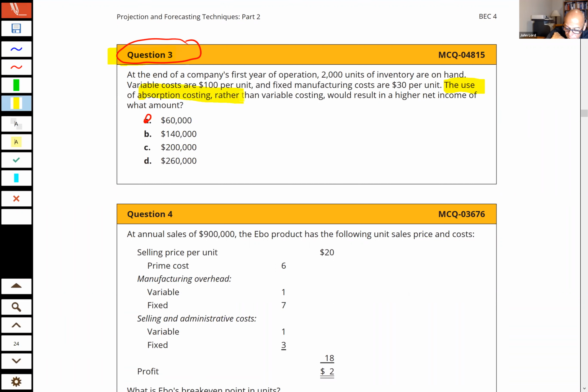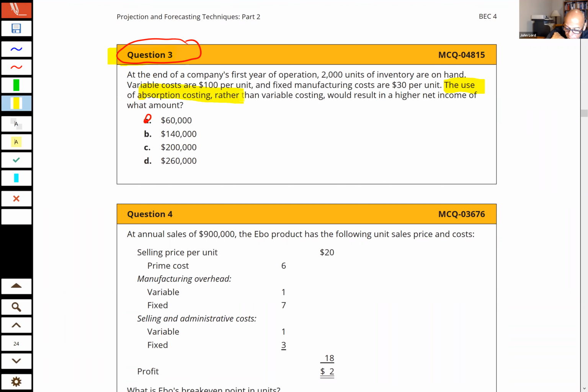In other words, they started with zero inventory as you start a year, right? When you start your business and then you end up with 2,000 units, your inventory increased. Now they give us the variable cost here, but the difference between the two is the treatment of the fixed manufacturing overhead per unit, right? So that's all we have to pick up. We pick up that $30 here. The variable costs don't matter; they're going to be expensed as those units are sold.